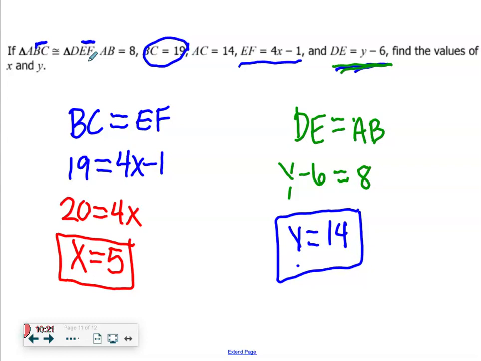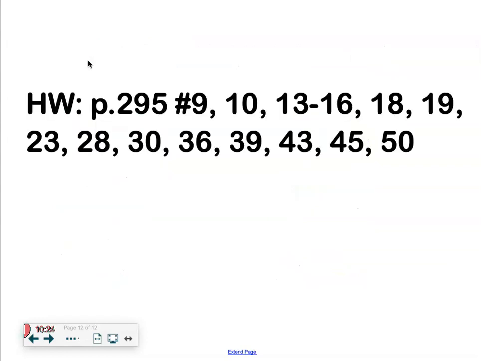Okay, folks. Congruent triangles. Here we go. You have a present for me?